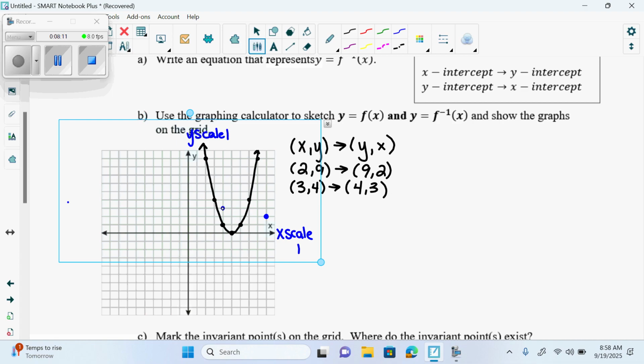And then we have 4, 1. It's going to become 1, 4. And then we have 5, 0, which is the next intercept. It's going to become 0, 5, which is a y-intercept. And I have my first half of my graph.